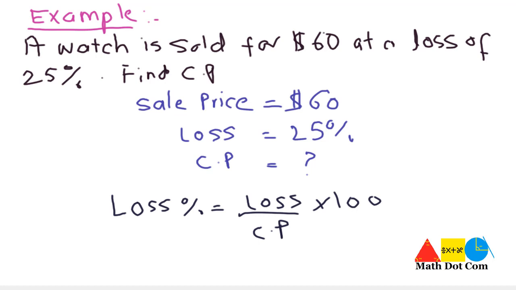We have a loss percent. Do we have a loss? No, we don't. Do we have a CP? No, we don't have the CP. It means when there are two unknowns, we cannot use this formula of loss percent as we used in the last example. So how will we solve it? Let's see how we can solve it.